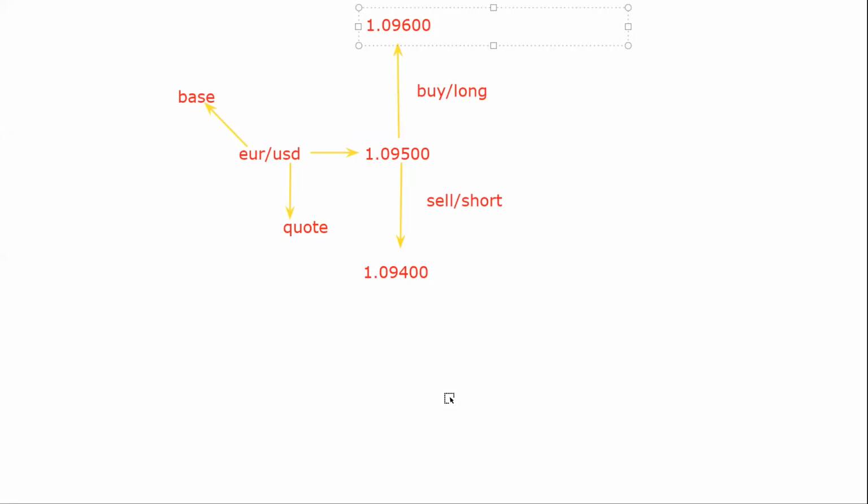Because if the exchange rate goes down, it means the euro is depreciating in value and the United States dollar is appreciating in value.